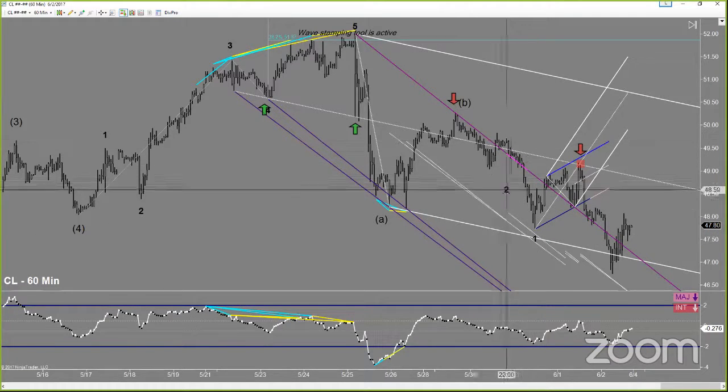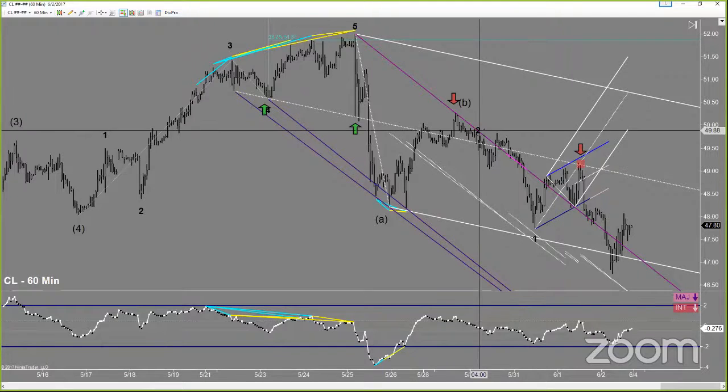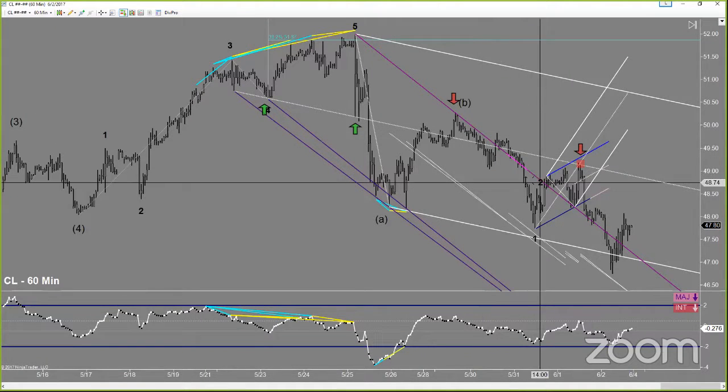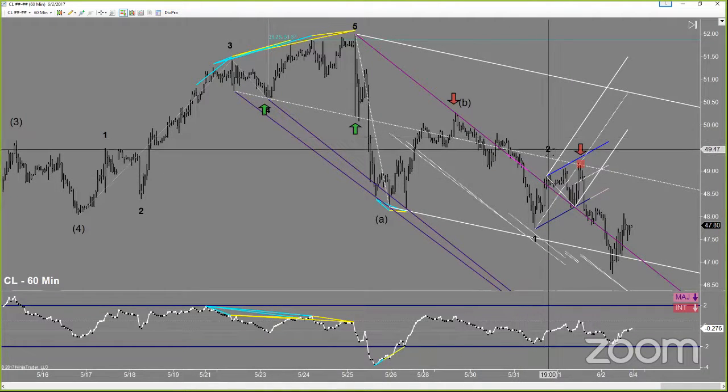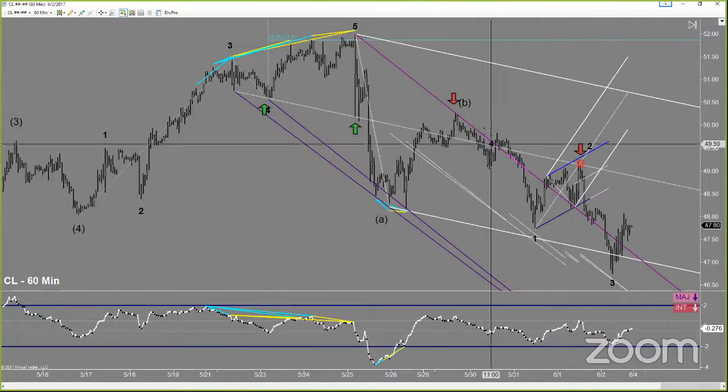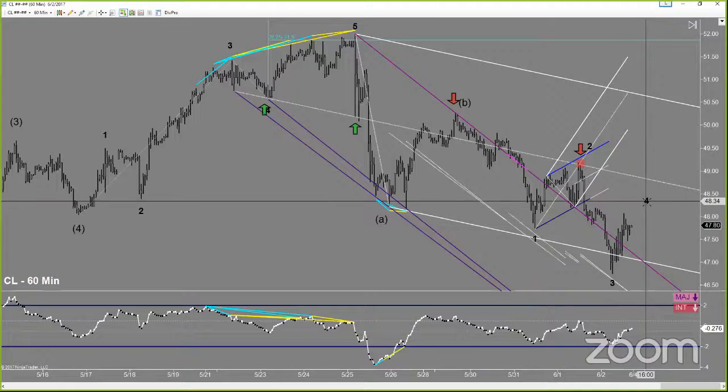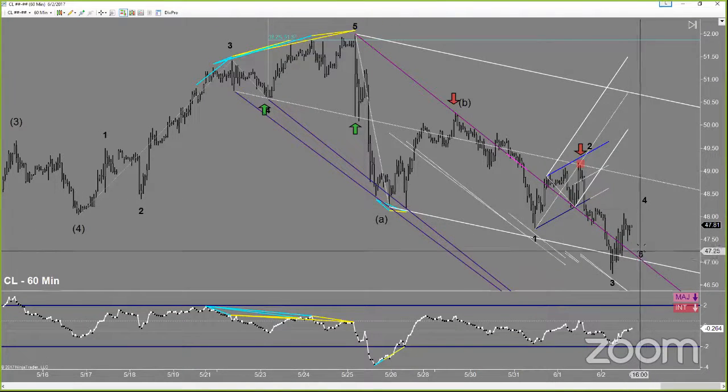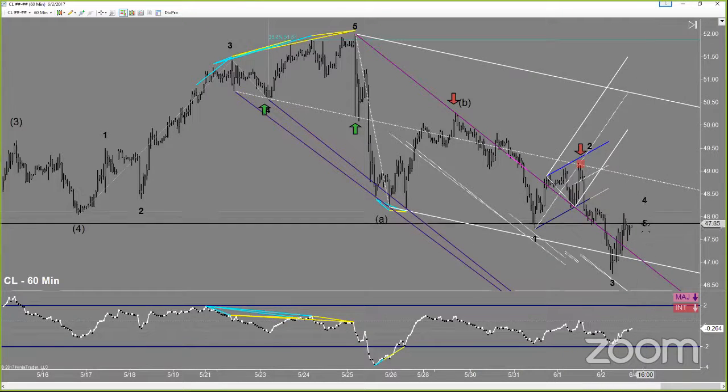So without getting into too much detail, the ending diagonal is 5 waves, each 3 waves. So each of those 5 is 3 waves. So it looks like we've completed 3 of those 5 waves, and we've got probably a bit more upside for that final wave. It could be done here, but I'm thinking a little bit more upside, and then a final wave down to complete that C wave.